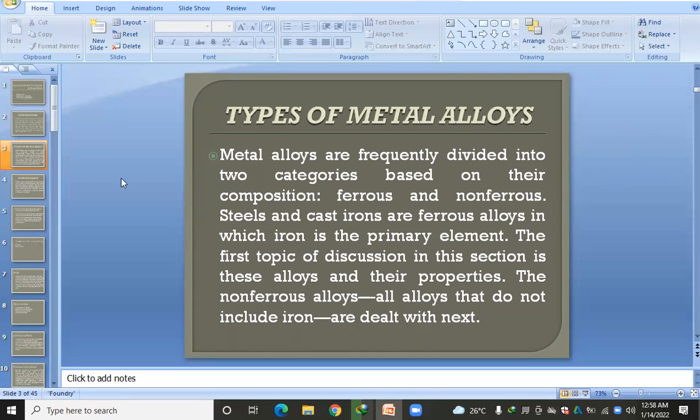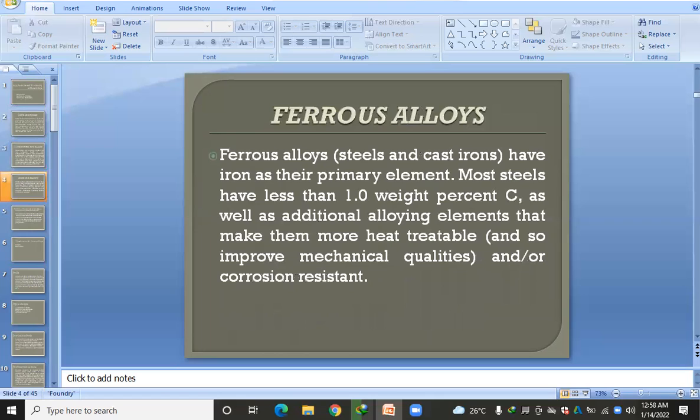So first, let's start with the ferrous alloys. Ferrous alloys, or steels and cast irons, have iron as their primary element. Most steels have less than 1.0 weight percent carbon, as well as additional alloying elements that make them more heat treatable, improve mechanical qualities, and or corrosion resistant.